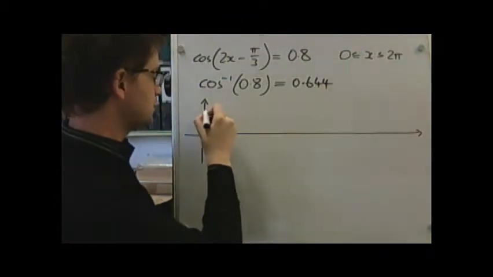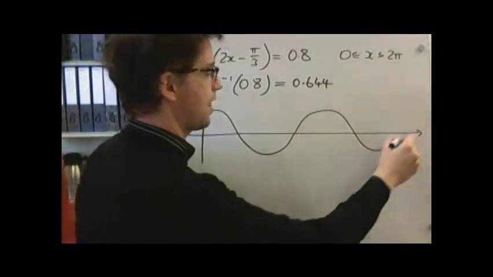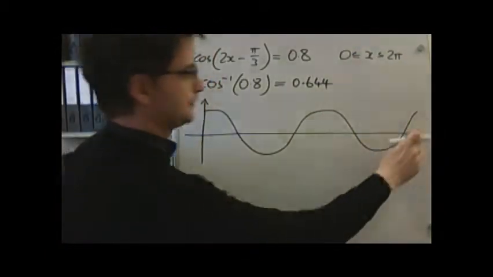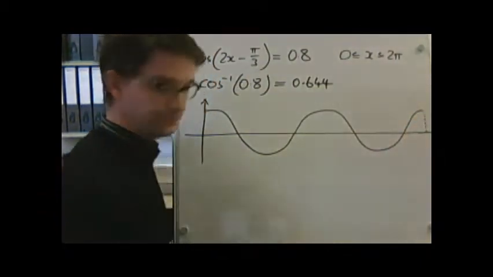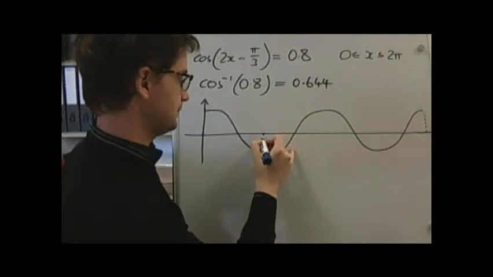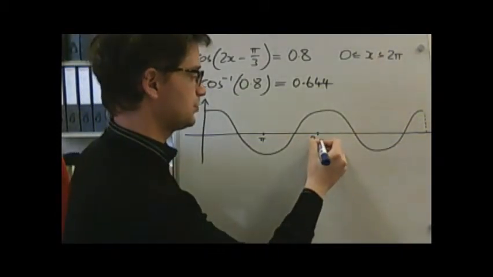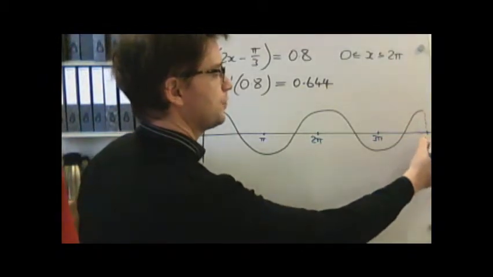So I need 2 turns of the cos curve. And that cos curve is running, here's pi, here's 2 pi, here's 3 pi, and here's 4 pi.